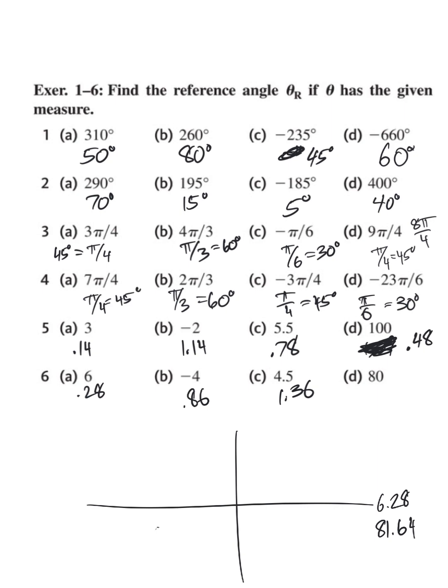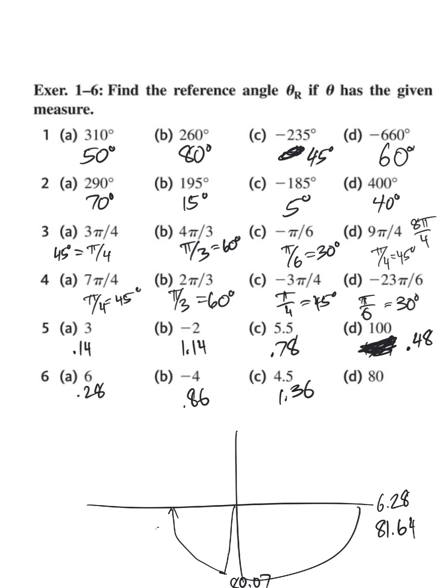And remember, this is 1.57. If we take 81.64 minus 1.57, that's going to be 80.07. So 80 must be right here. So what's it take to get back to there? Well, we got to figure out what that is.